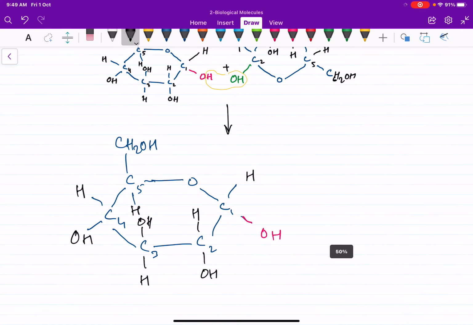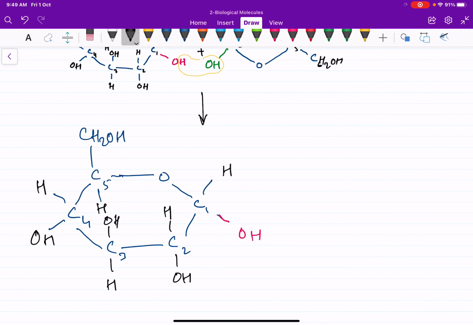And the other, beta fructose: this is carbon number 2 here, this is carbon number 5 here, this is carbon number 3, and this is carbon number 4.